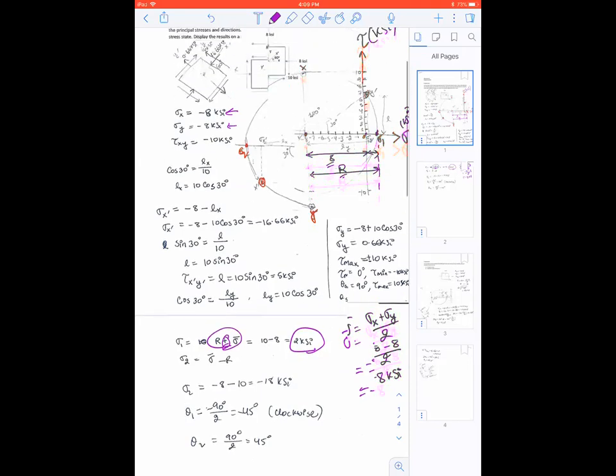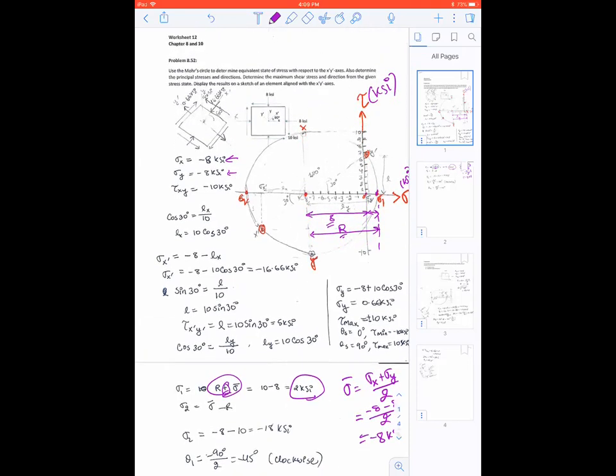And my sigma 2, we know that from here all the way to sigma 2 is your radius. Okay, so sigma bar is your center.